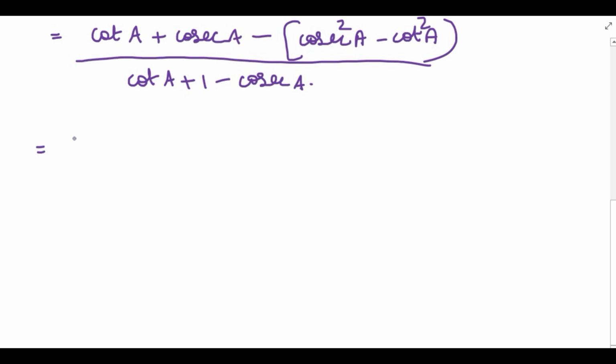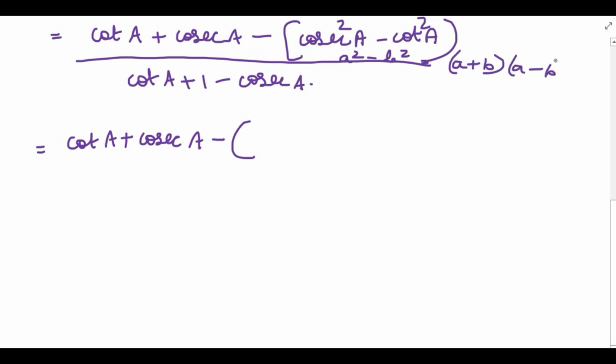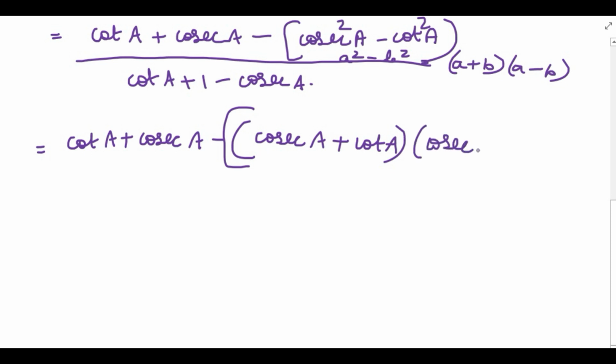So this is equal to cot A plus cosec A minus, and this is in the form of a square minus b square, which I can write as (a plus b) into (a minus b). So I'll write this as (cosec A plus cot A) into (cosec A minus cot A).